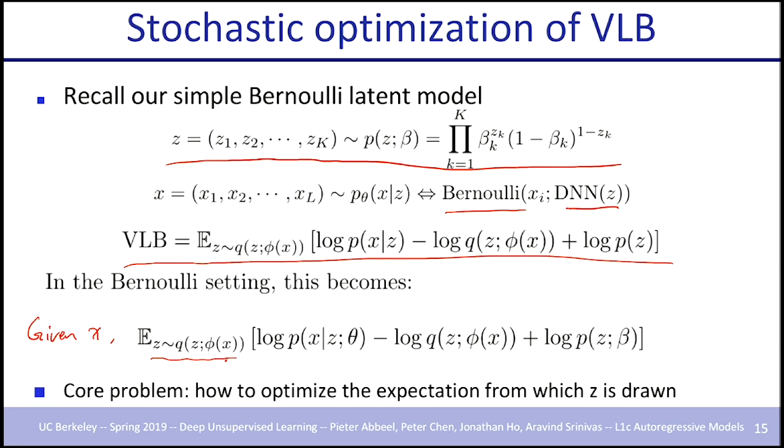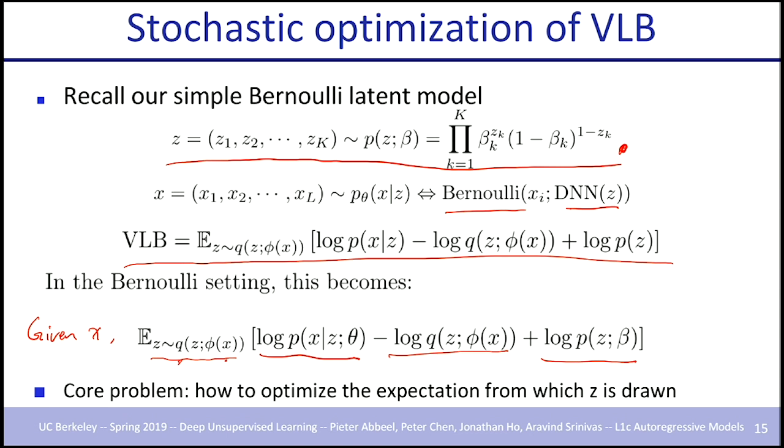Given the z that was sampled, let's evaluate each term. The prior term is just plugging into the probability mass function, which is easy. We also need to evaluate the log likelihood under the approximate posterior, and assuming it's a factorized Bernoulli, that is also easy. Evaluating the last term is also easy, because you just feed a z, which actually comes from Q, through the network and get coefficients for x. Then you can evaluate this term pretty effectively.